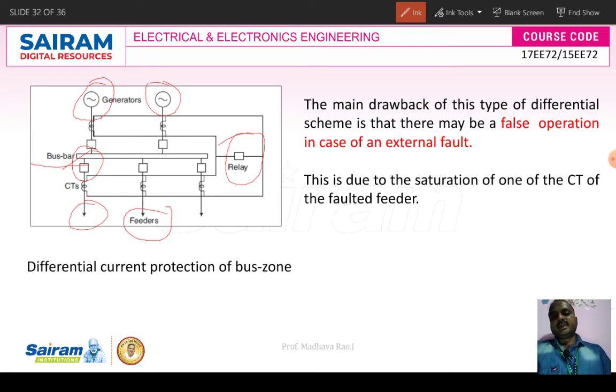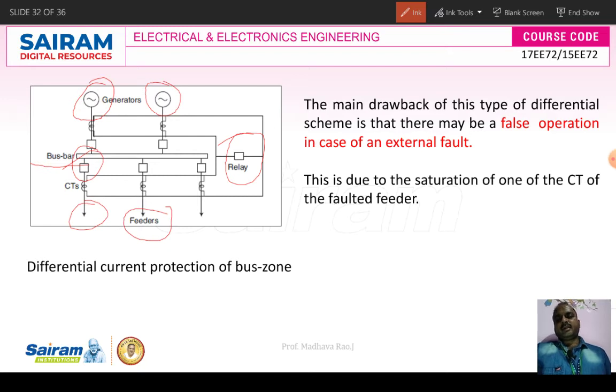The entering current must be equal to the leaving current, or the algebraic sum of entering current and leaving current must be equal to 0. When there is no fault, it is 0; when there is a fault, these two are not equal. These are the feeders.